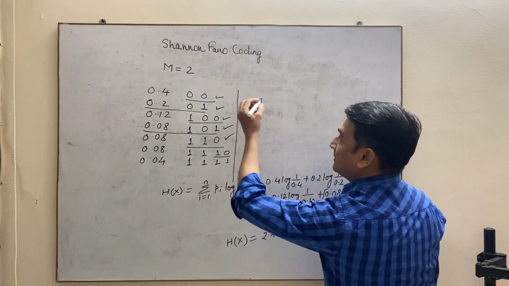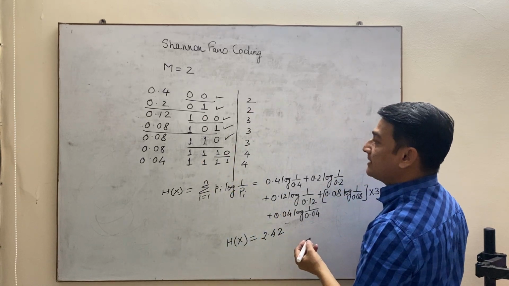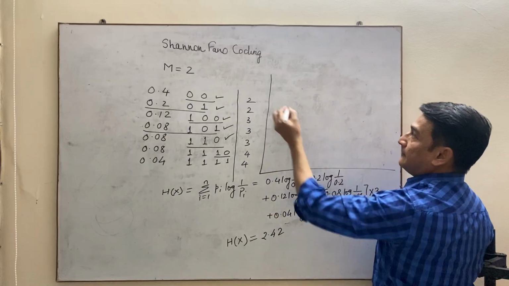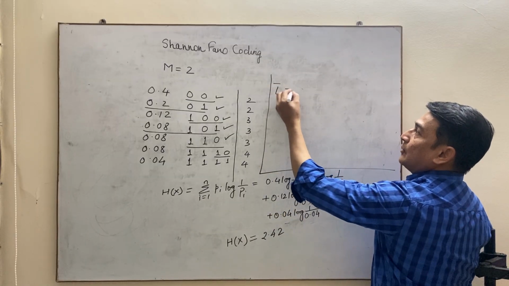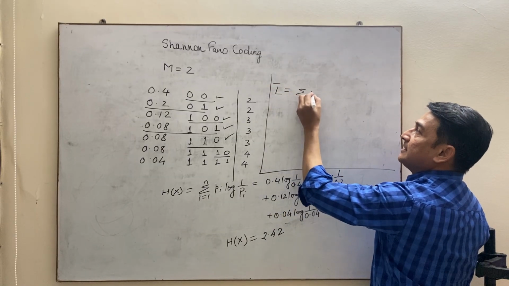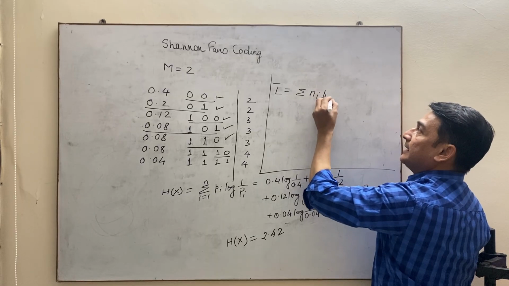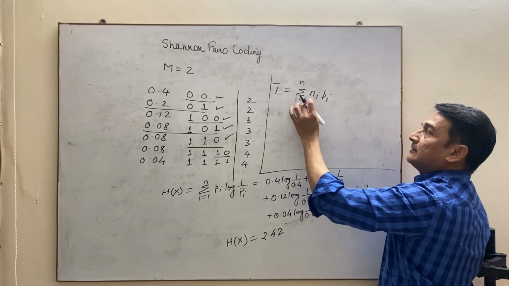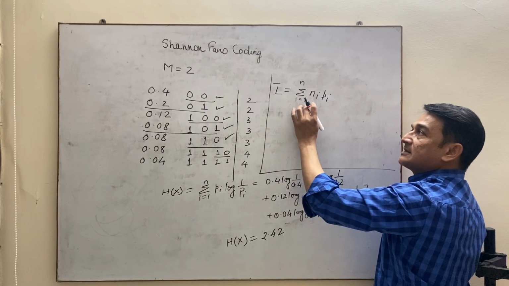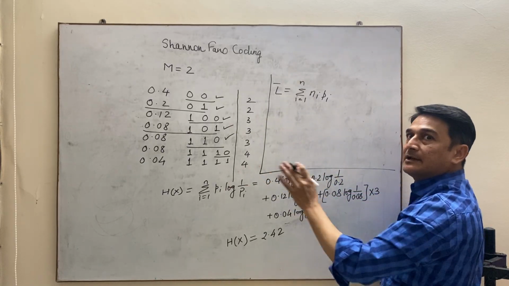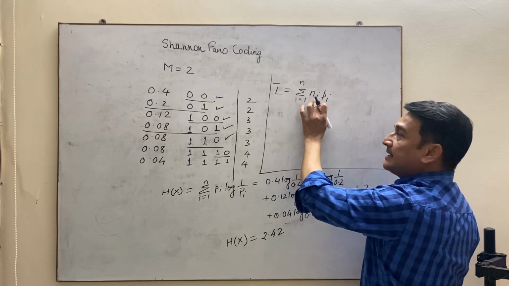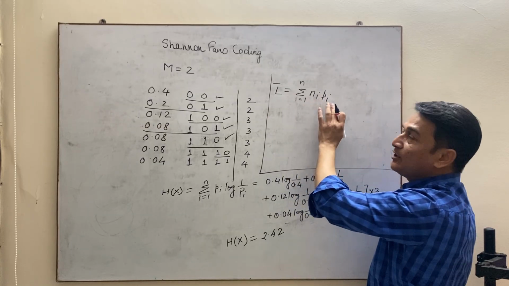Then the next value which we need to calculate is L bar. The formula for L bar is summation Ni into Pi, where i starts from 1 to n. All the messages we need to consider. Ni is the length of the ith message, Pi is the probability of the ith message.